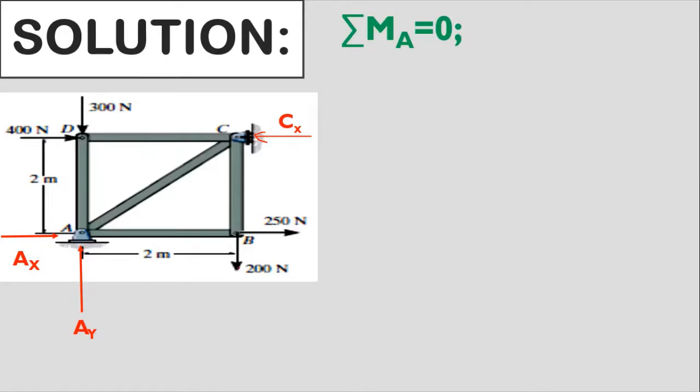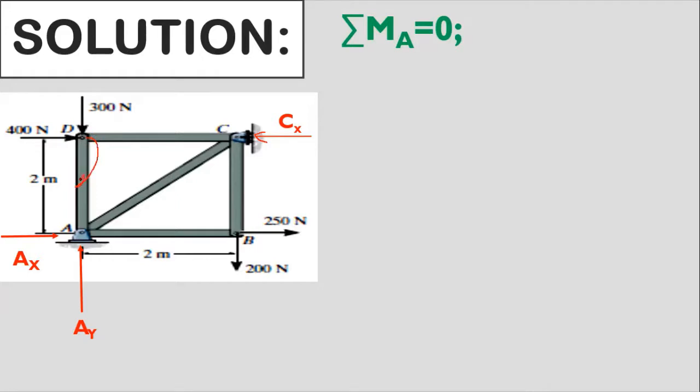You can see this force lies exactly at joint A, and it has no horizontal distance, meaning there is no perpendicular distance. It is exactly lying at joint D, but it has no horizontal length. So 300 will become 0, and only the 400 Newton force will remain, and its direction should be like this.